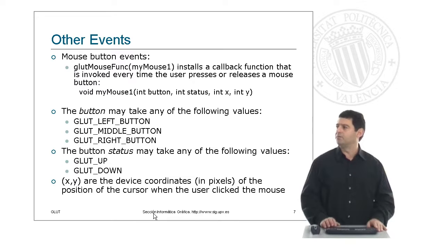The callbacks must have the prototype that appears in the slide, where the button may take any of the following values: left button, middle button, or right button. As for the status parameter, it may take one of the following values: GLOT up or GLOT down, depending on whether the user has pressed or released the button. Again, X and Y are the device coordinates of the position of the cursor.